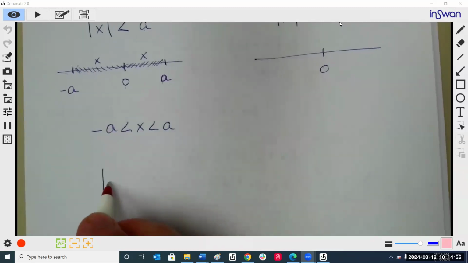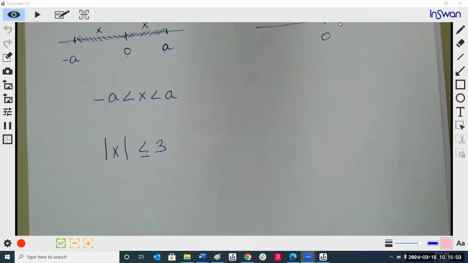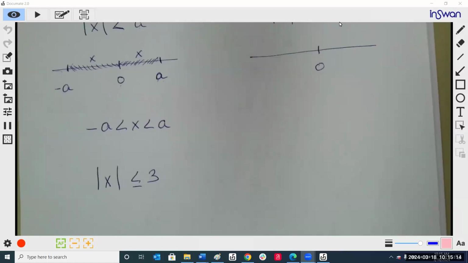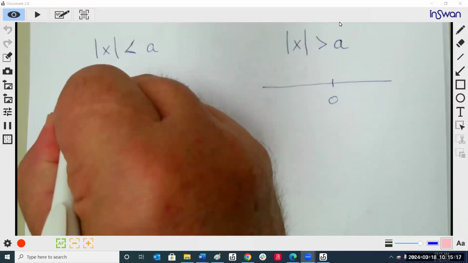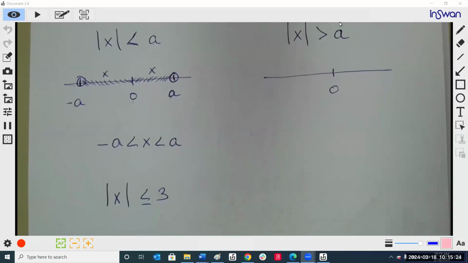So if I had absolute value of x is less than or equal to 3, what would that graph look like? So what's that graph going to look like? -3 to 3.